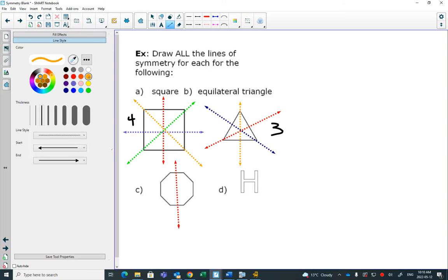Yeah, we already did this one. But I'm having too much fun with these colors. Woo!